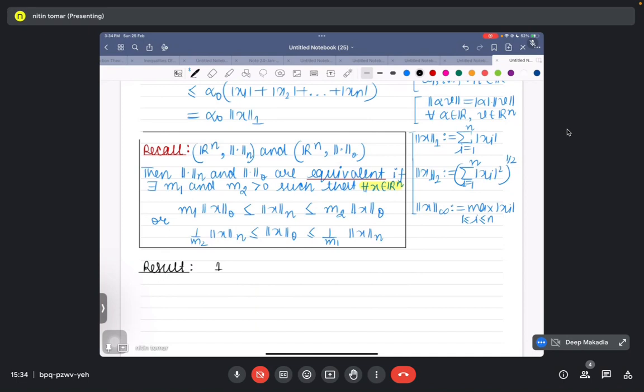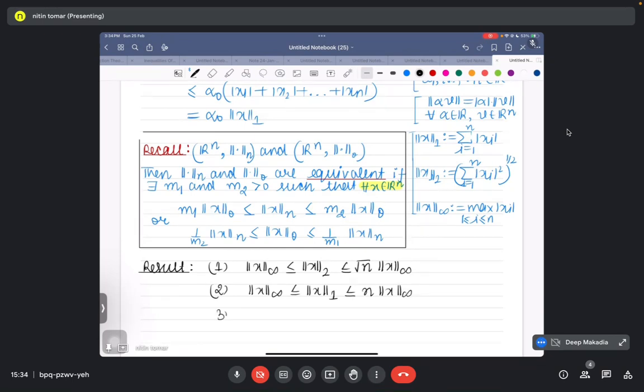Number one, the two norm is less than or equal to root n times the infinity norm, and greater than or equal to the infinity norm of x. Second thing we proved is that the infinity norm is less than or equal to norm x1, which in turn is less than or equal to n times norm x infinity.